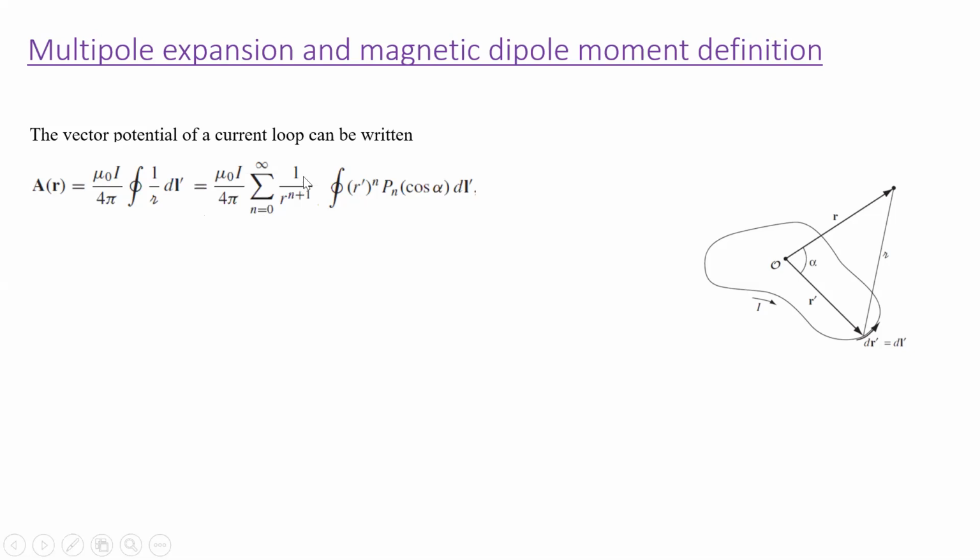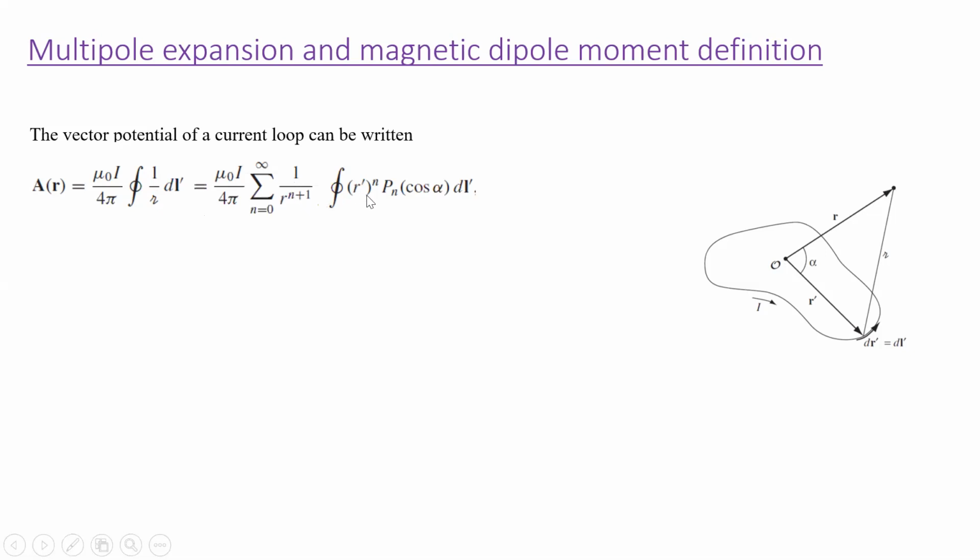And it turns out that, so it makes sense that as the separation vector gets bigger, in general, the distance from the origin to the field point will get bigger. That turns out to go as r to the n plus 1.